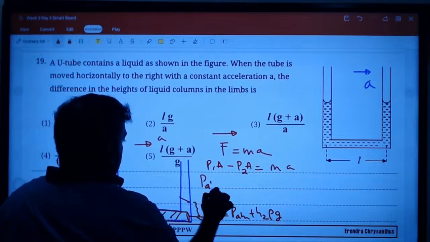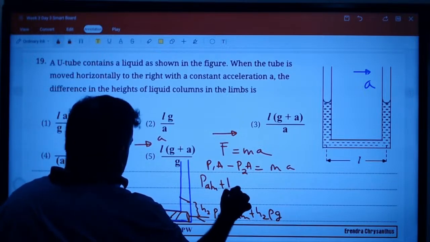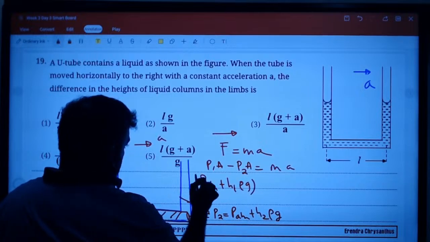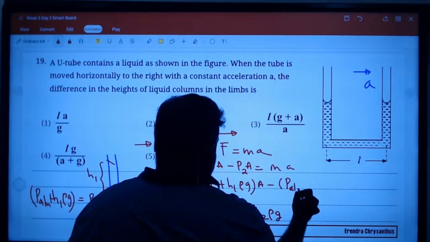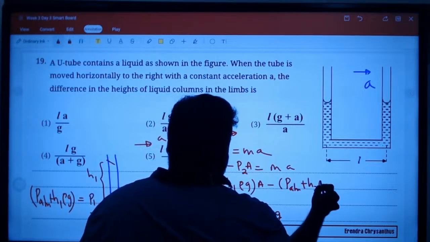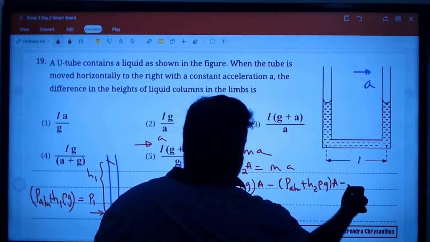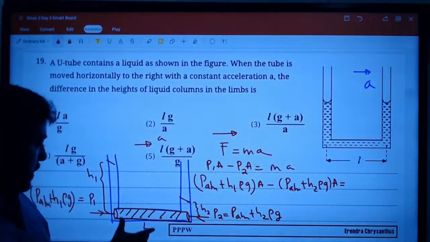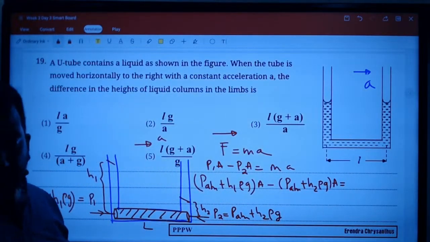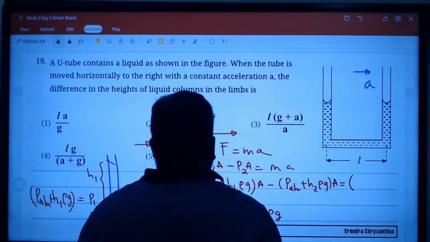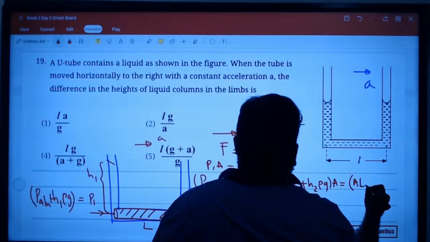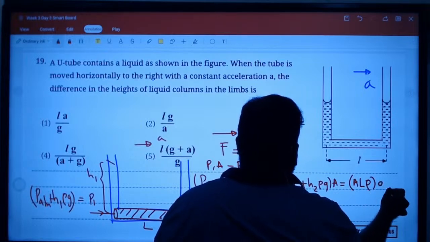P1A is PATM plus h1 rho g times A. P2A is PATM plus h2 rho g times A. Mass of that particular section is A times L rho, into acceleration.